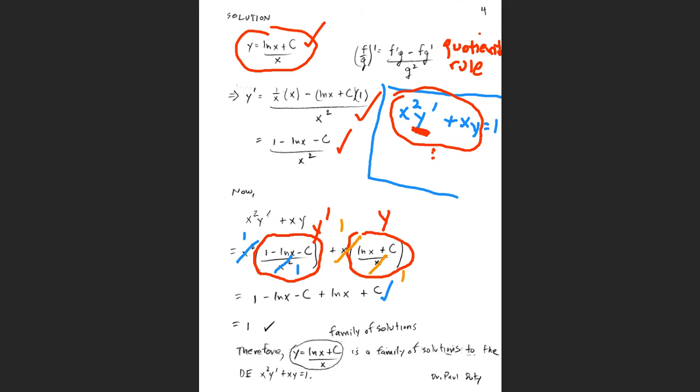And look at this. A lot of things cancel out. The logs go out, the constants go out, and you're equal to 1, and you get a 1. So that checked out.